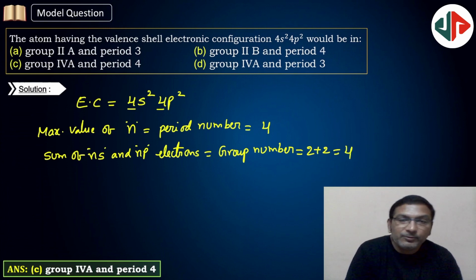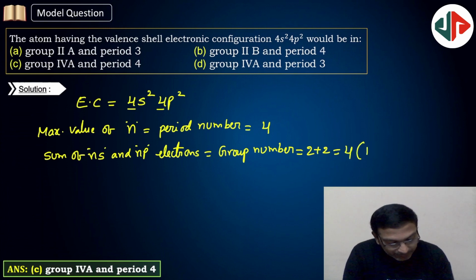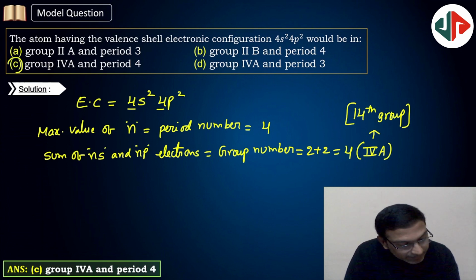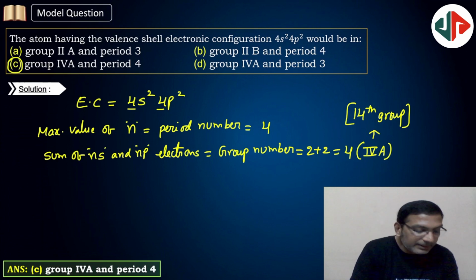So period number 4, group number 4. Group number 4 means 4th A group, or we can say 14th group. 14th group element. So option C, group 4th A or 14th, period 4.